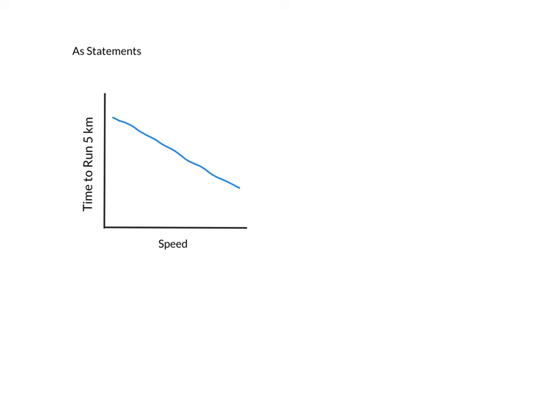Now we can take a look at our speed, which is our independent variable. It's the thing we control. And the time that it takes to run 5 kilometers would be the dependent variable. It's what's decided by your speed. The relationship that we see is that as speed increases, the time to run 5 kilometers decreases.